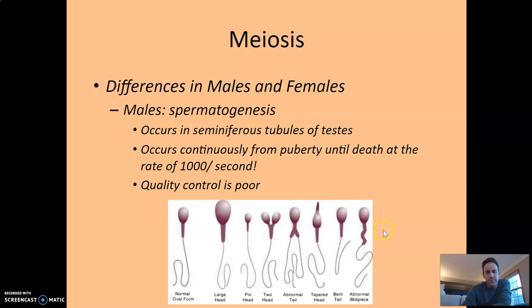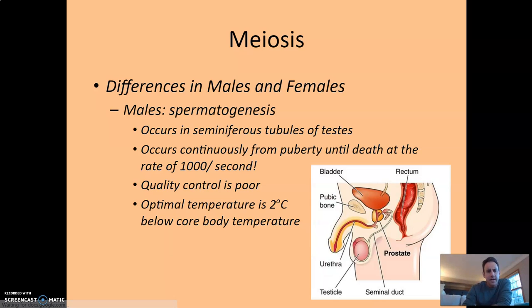And it's kind of okay, because remember, the important thing is the DNA inside there, not the actual sperm cell itself. None of these malformed sperm are going to be effective at swimming, and therefore are not going to reach the egg anyway, so they're kind of out of commission. But that's okay, because you've got to keep the assembly line moving, and if you get some bad product, so be it, says the male.